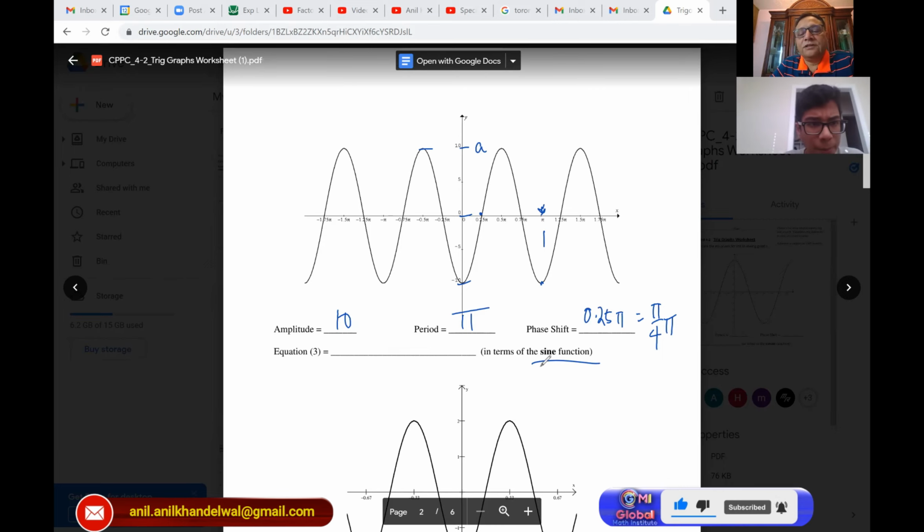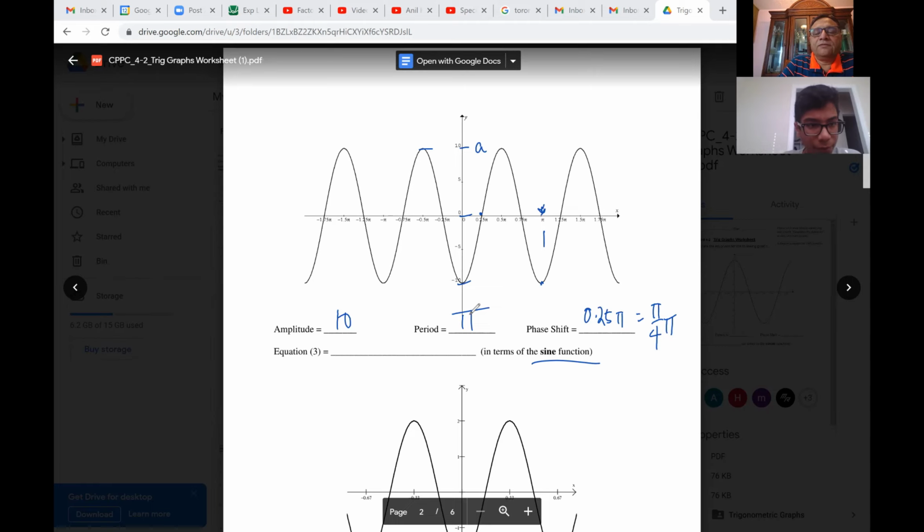To write down the sine function, we have to find the value of k. From the period, we can find k as 2 pi by pi, which is 2. Now we'll write down our equation.